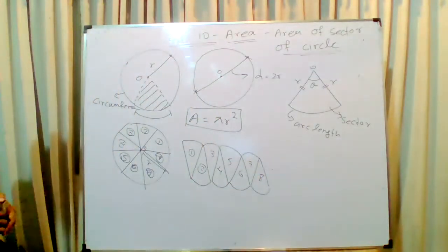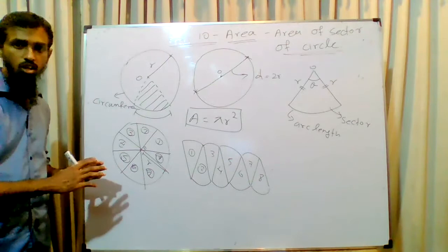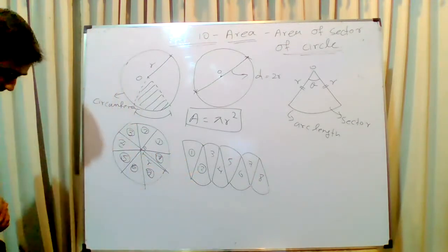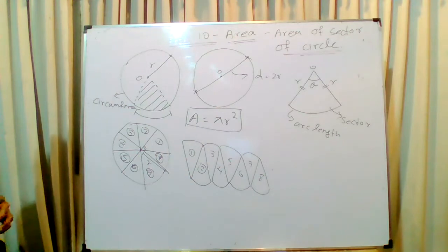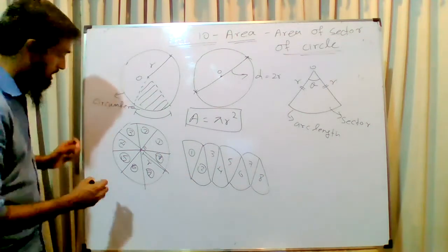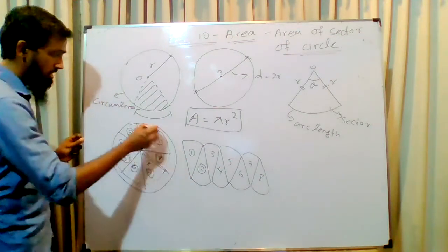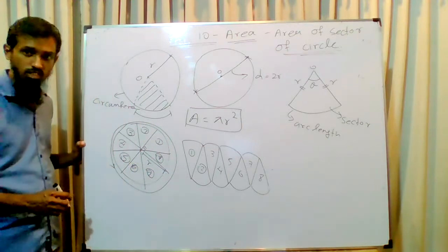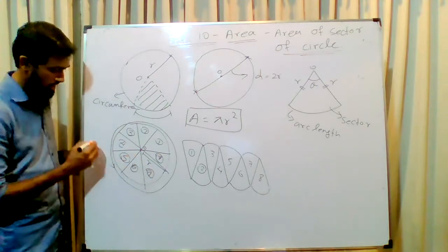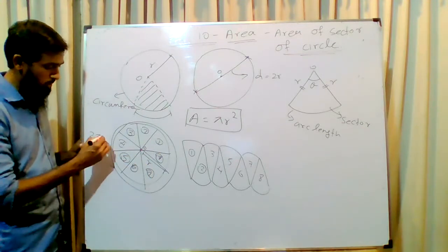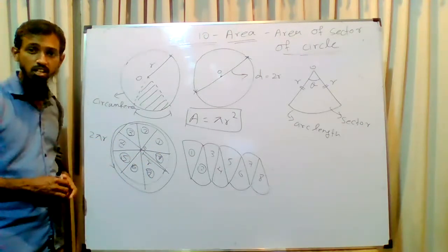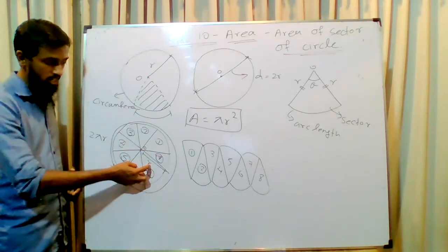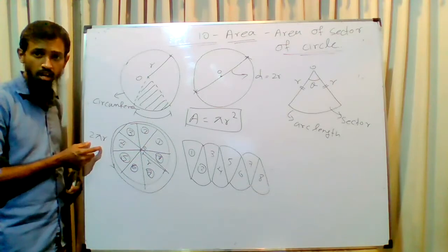We can arrange those sectors into a rectangular shape, not exactly a rectangle. This length is the circumference. The circumference of a circle with radius r is 2 pi r, which we studied in perimeter.